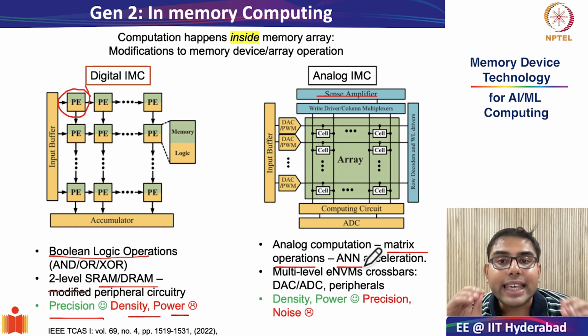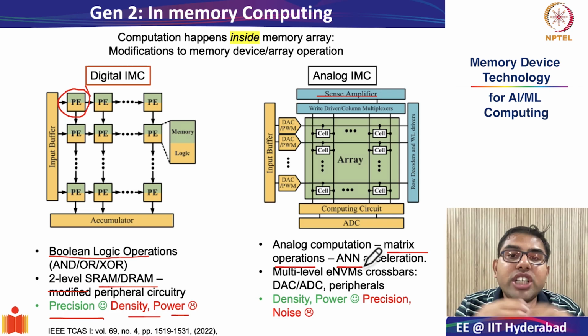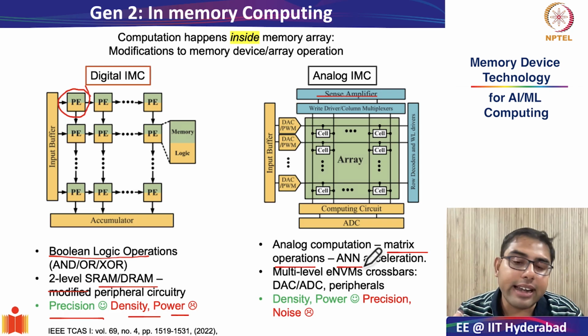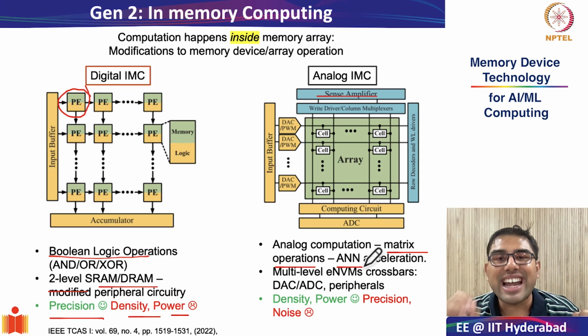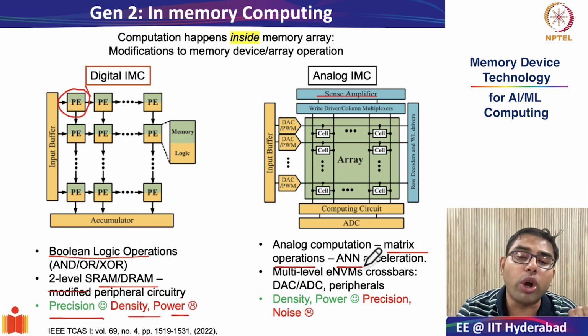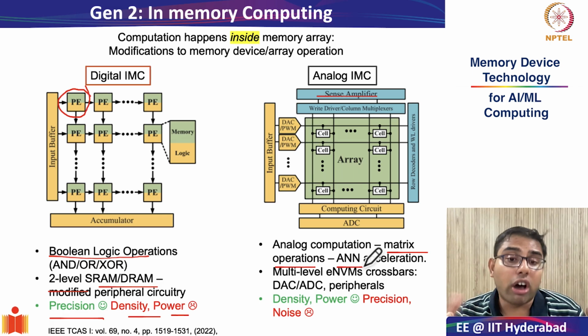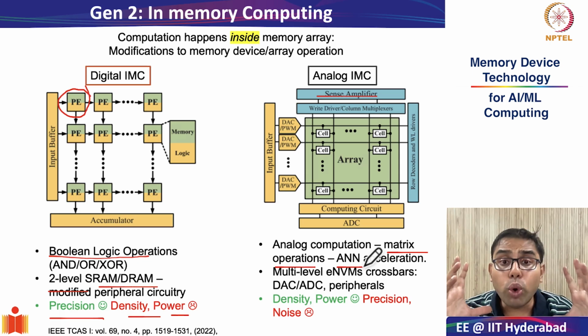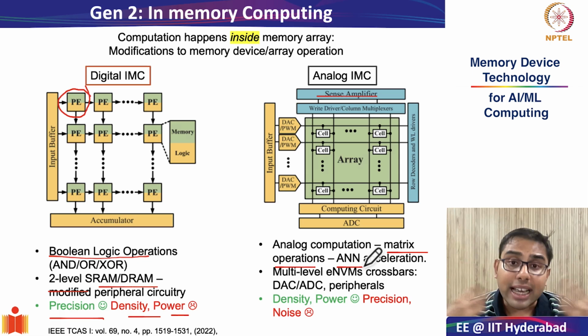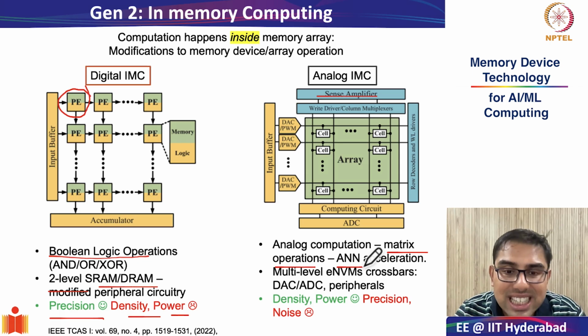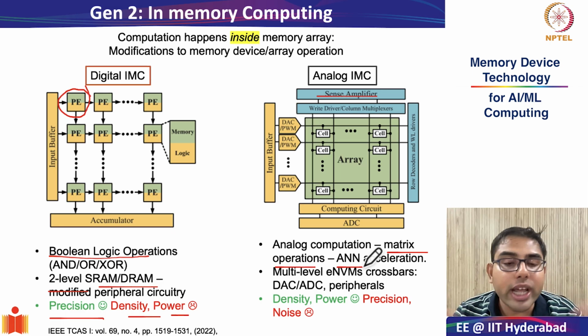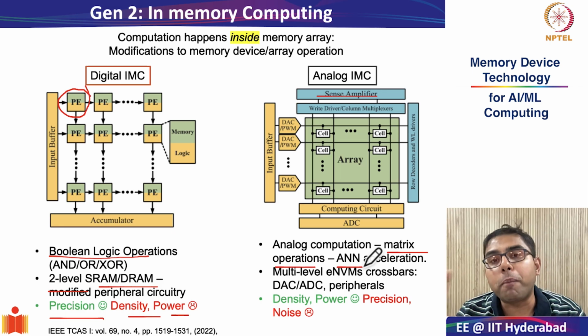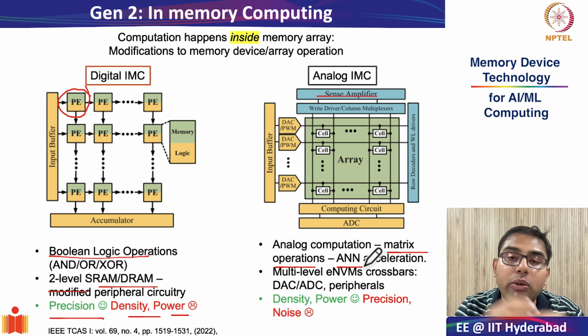Remember that the key logic operation which consumes a lot of power and latency in artificial neural networks, happening at every node, whether in inference or in backpropagation, is your vector matrix multiplication. Now, if you can somehow make vector matrix multiplication one step using analog computation, you will solve the entire problem of large power consumption in artificial neural networks.